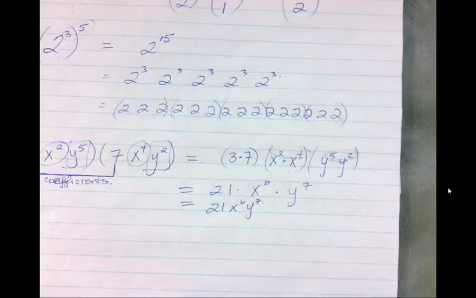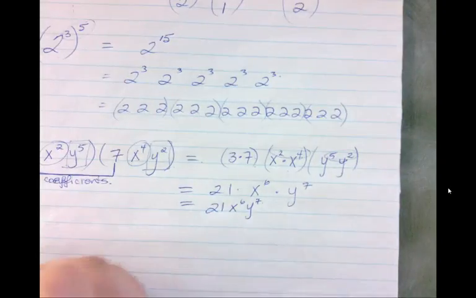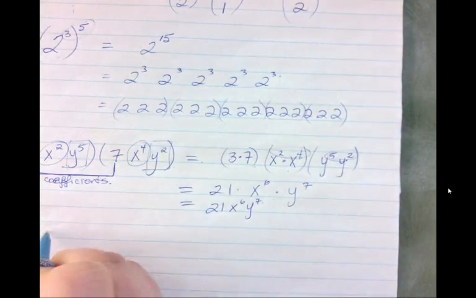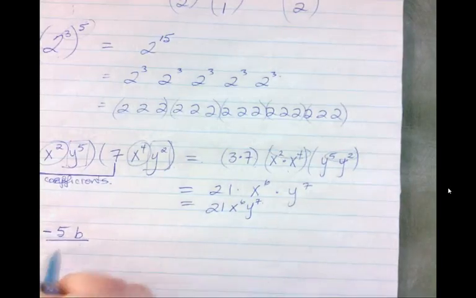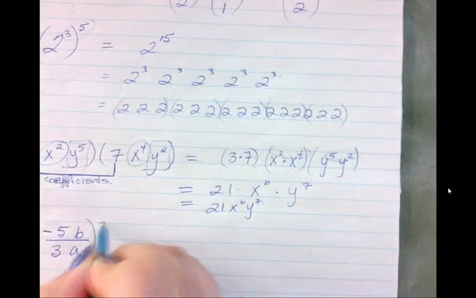And the last example I'm going to do right now is when you have a bracket. Let's say we've got minus 5b over 3a, all to the power of 2.